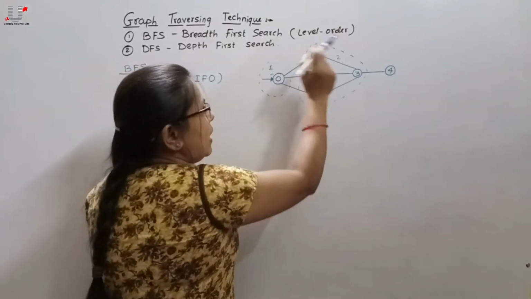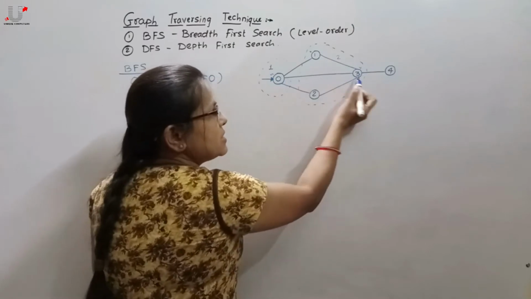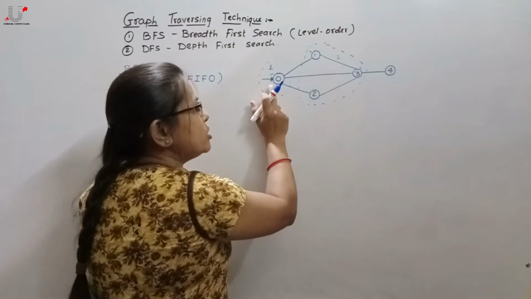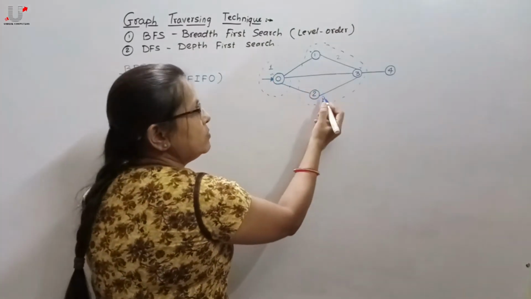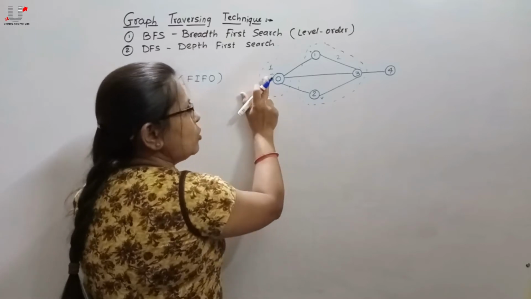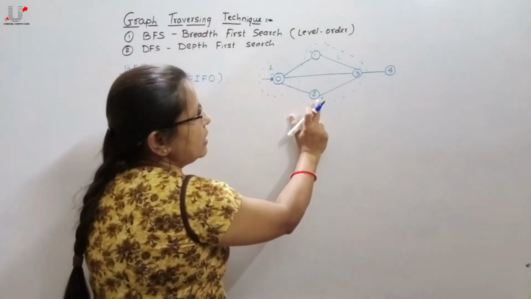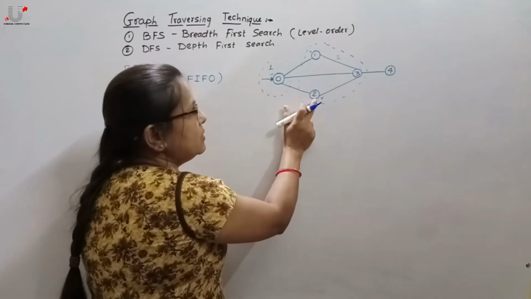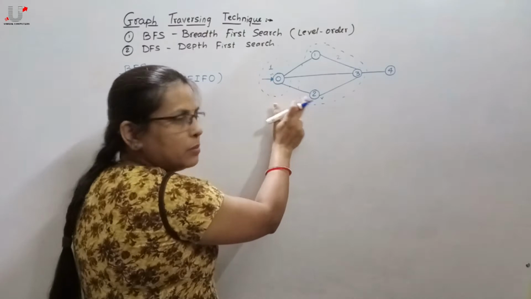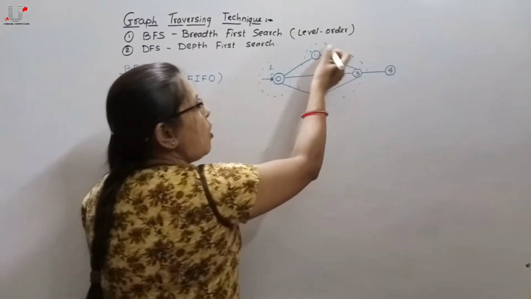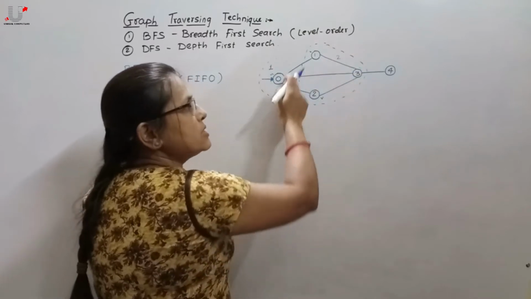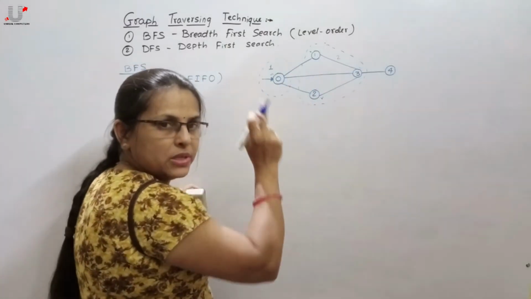If this is U and this is V, as there is an edge between U and V, so 3 is adjacent to 0. Same for 0 and 2. 0 is considered as a starting vertex and 2 is considered as an adjacent node to 0 because there is a path from 0 to 2. So all the adjacent nodes to 0 are considered at level number second.